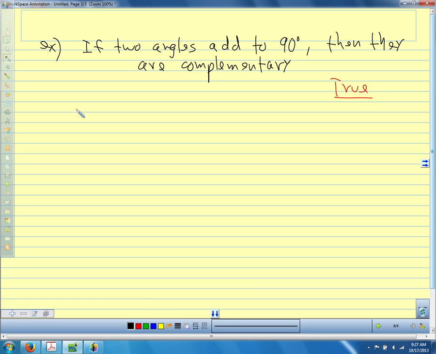Let's write the converse. So how are we going to write the converse of this particular conditional statement? Can you help me out, Tristan? If I'm going to say two angles are complementary, then they add to 90 degrees.